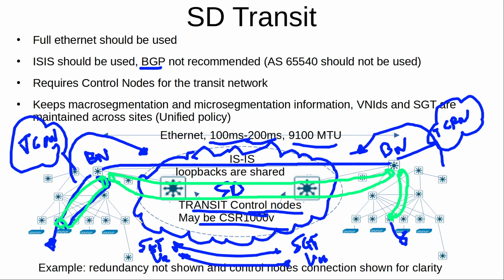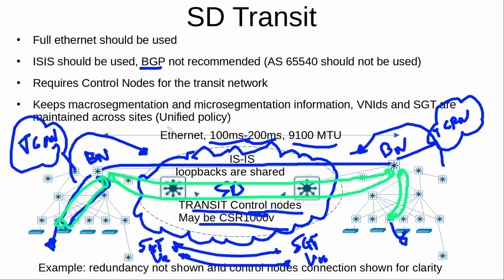So we are going to use VXLAN end-to-end, and remember that in the headers within a VXLAN tunnel, we can carry scalable group tags and VNIDs, so we can carry them across all our fabric sites.